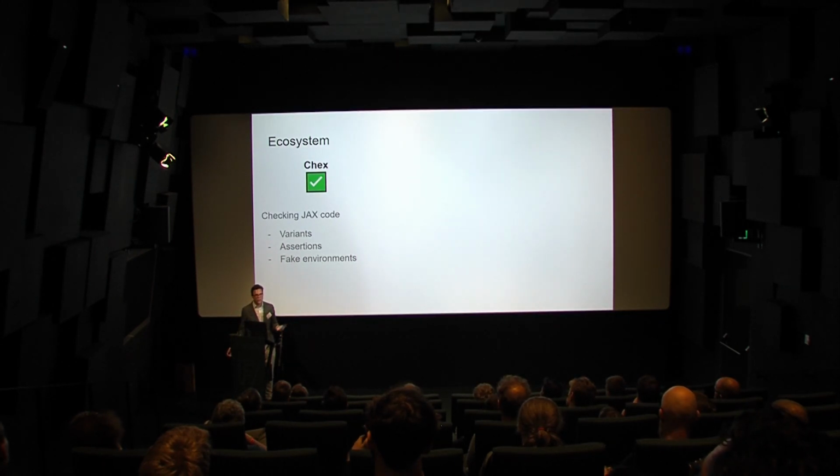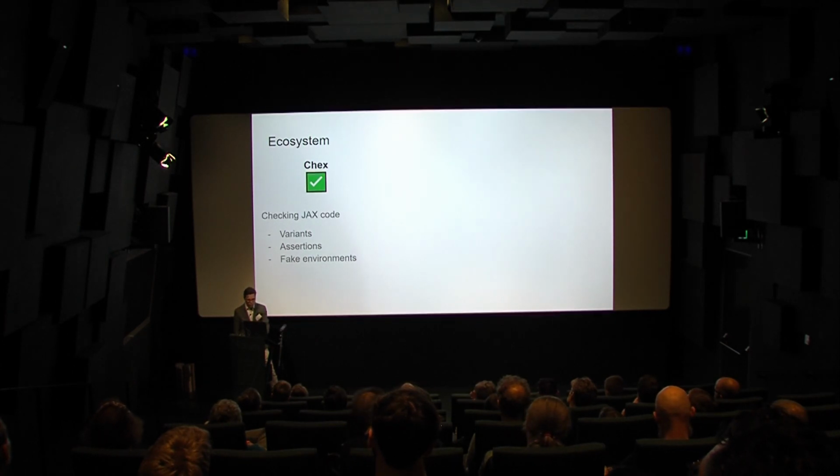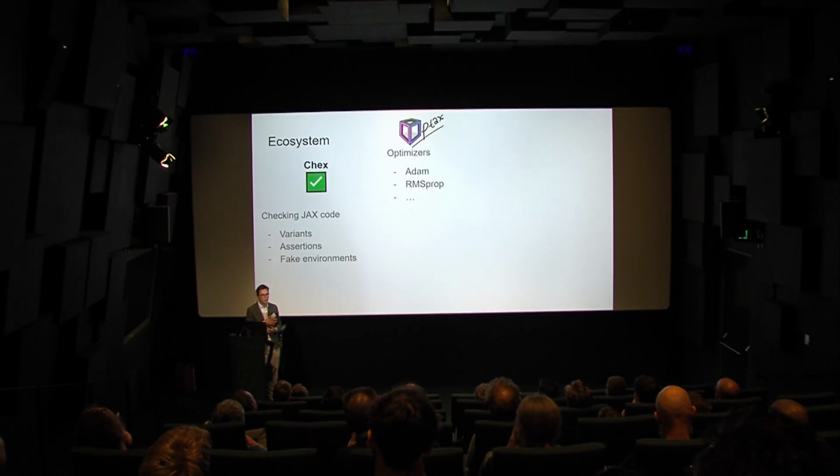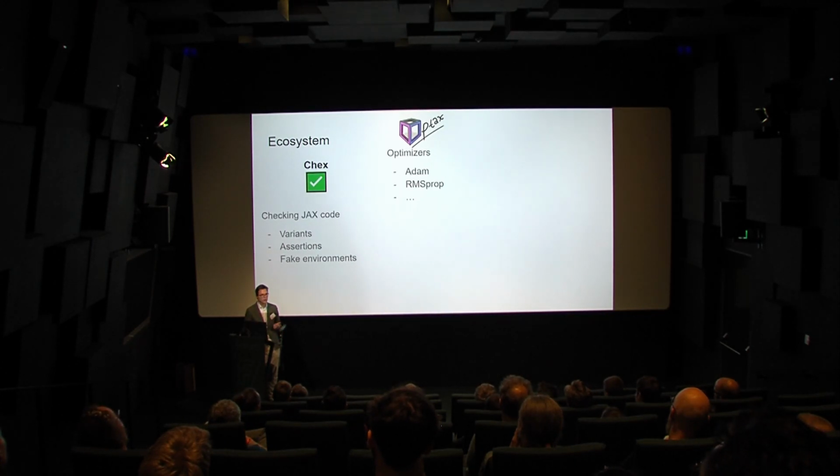Fake environments where you have multiple devices while it actually just runs on CPU. All this kind of stuff, which helps you just to check if everything looks as it should. Optax, which has a bunch of optimizers if you want to do gradient descent optimization, like the Adam optimizer or RMSprop or stochastic gradient descent. All this stuff is in Optax.